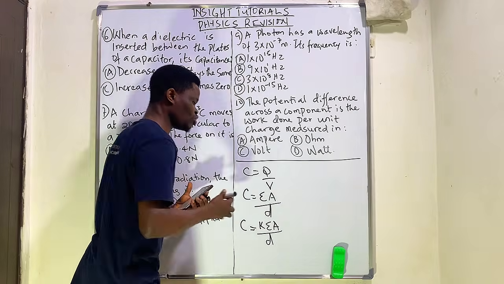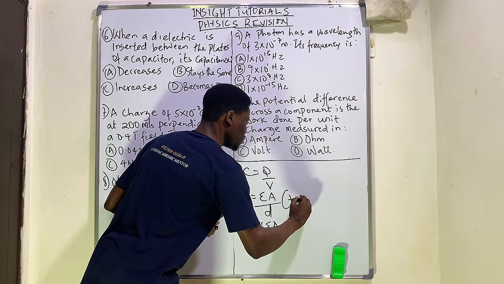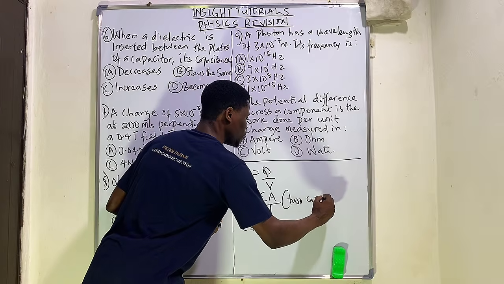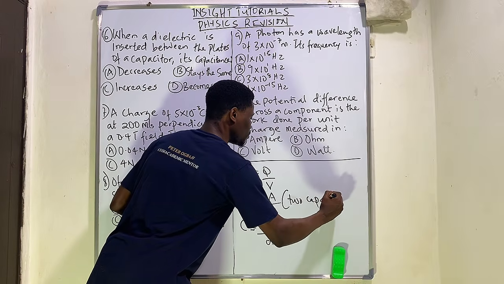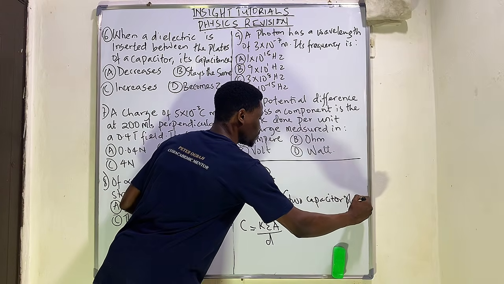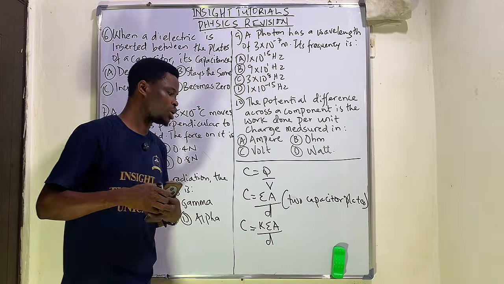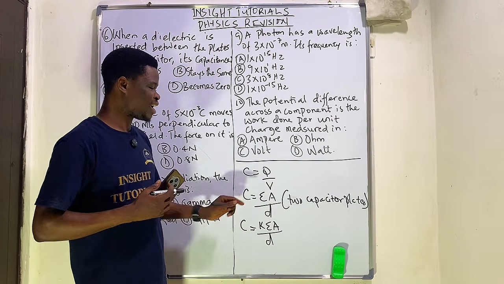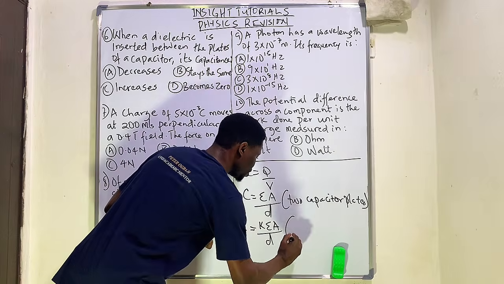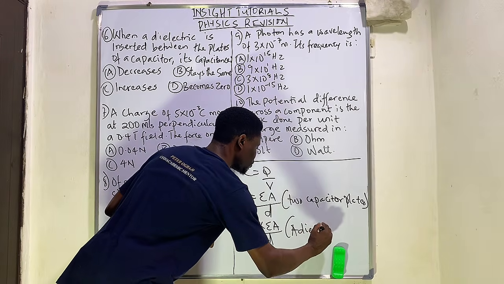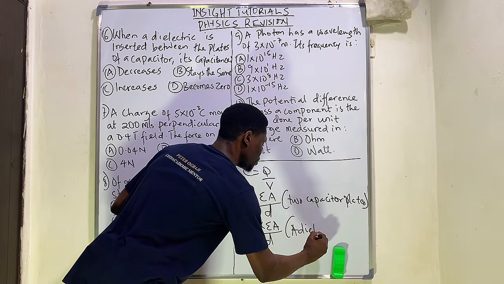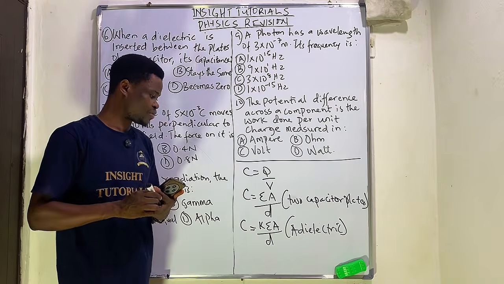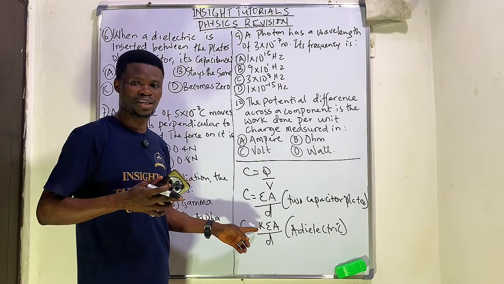If you're dealing with two capacitor plates, this is how you find the capacitance. But if you're now introducing a dielectric, then you have to introduce what they call the dielectric constant.